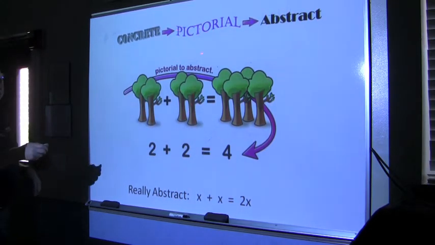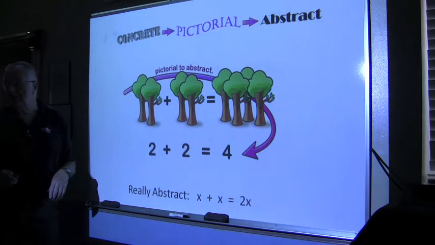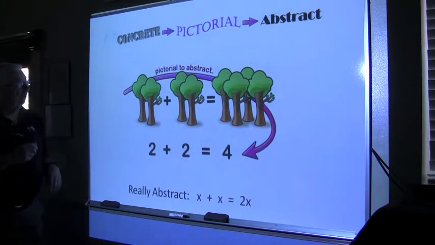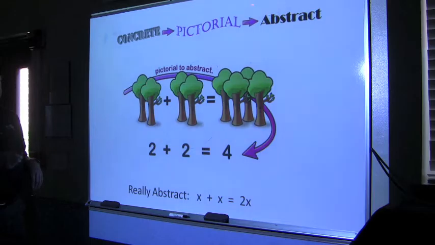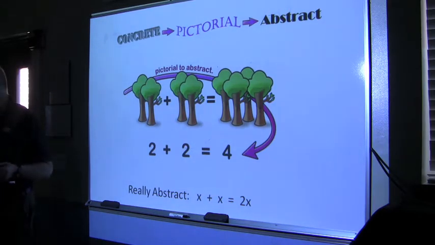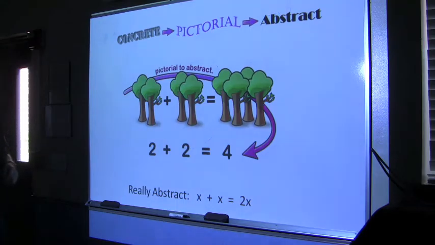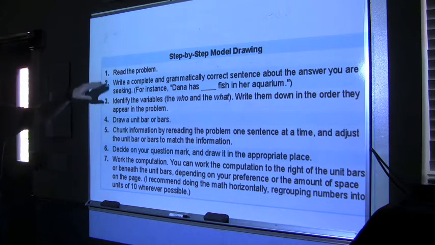So we jump over that pictorial representation. So our normal methods go from the concrete in algebra over to the abstract by specifying what the variable is going to be. So in the Singapore method, they're trying to bring it back to where you have a model of the process that you make use of.